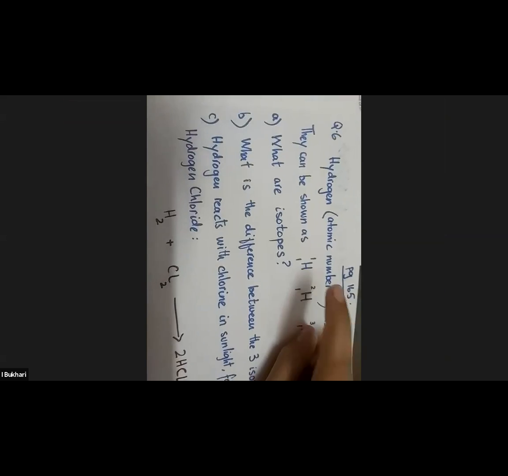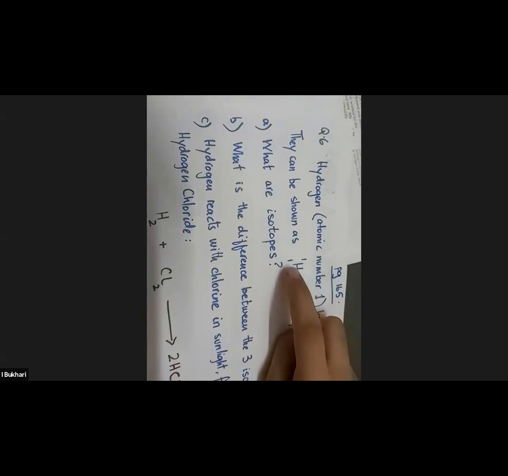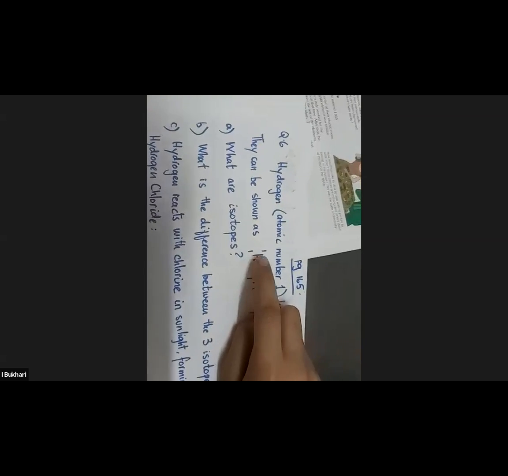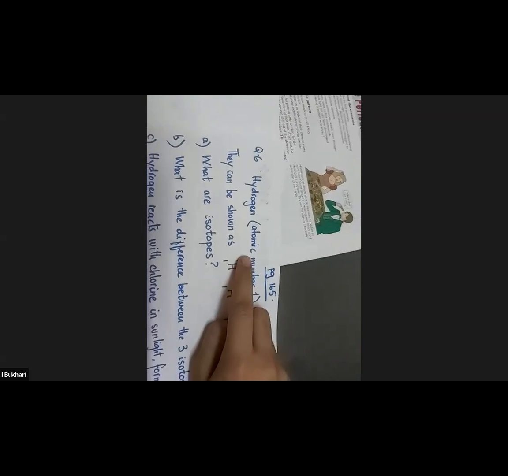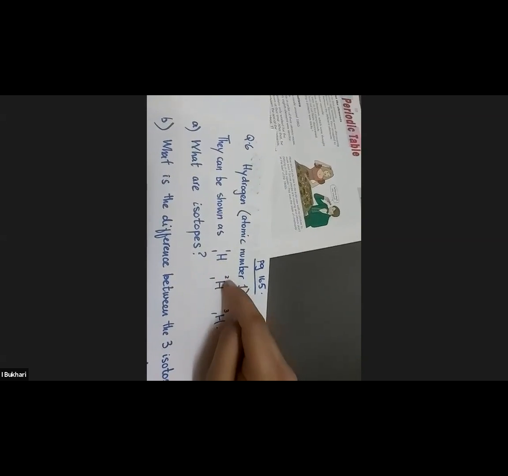The number at the bottom is the atomic number and the number on top is the atomic mass. So in the first one, both the atomic number and the atomic mass show 1. That means the proton number is 1, and this is the mass, so there are no neutrons, only 1 proton. Over here, there is 1 proton and 1 neutron.